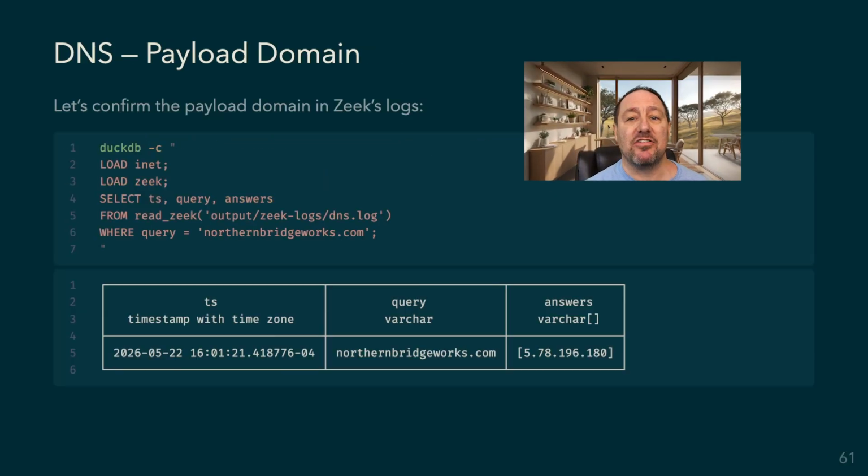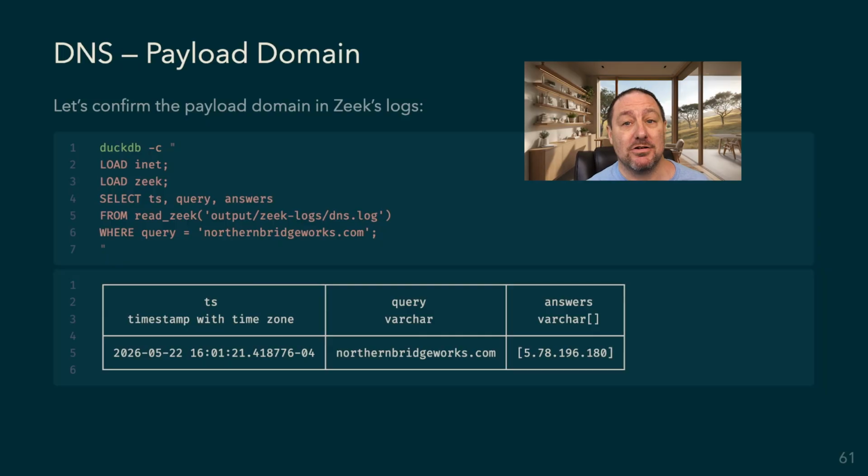Per the Zeek DNS log, northernbridgeworks.com goes to the IP address 5.78.196.180. That's the download server from the PowerShell script. Now we look up the connection by joining on the SSL server name, just like we did for thunderplanet.hub.top. Let's check the connection log to see how much data moved.